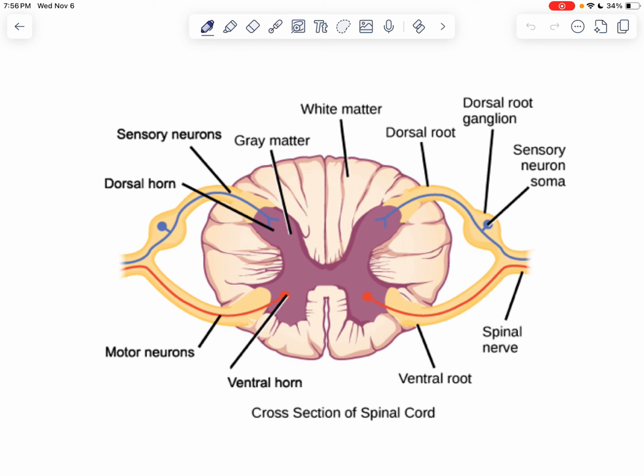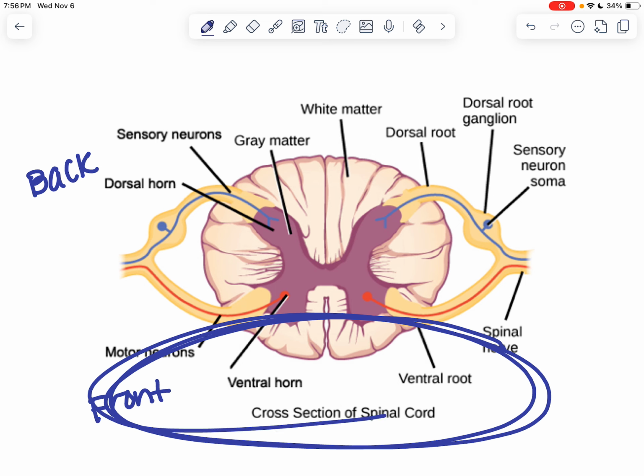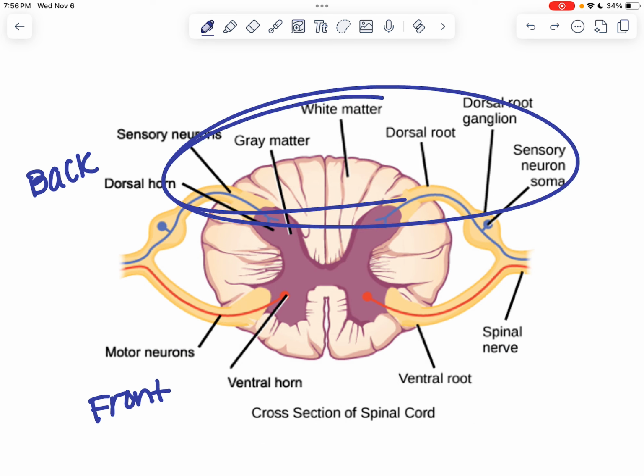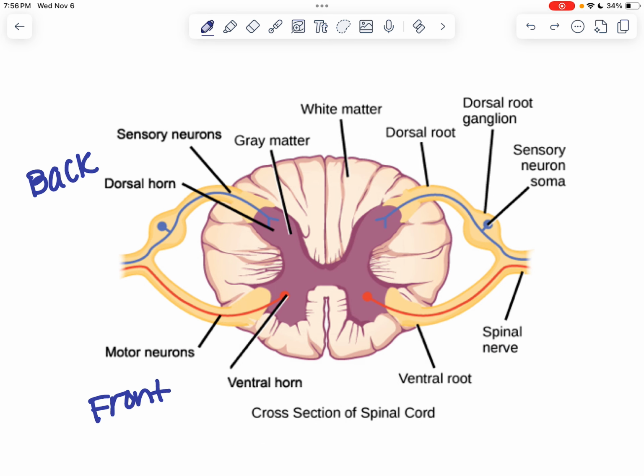Dorsal means the back, so this is the back of the spinal cord, and this is the front. We're talking about back and front in terms of the person. So if you're looking at a person's cross-section of a spinal cord, this is their front, and here is the back of that person.